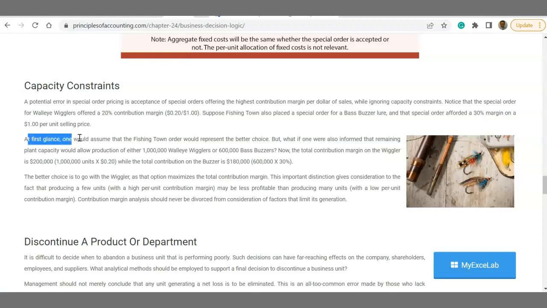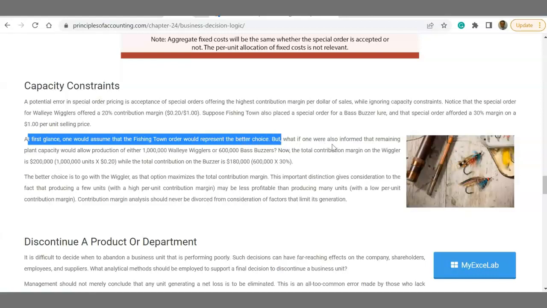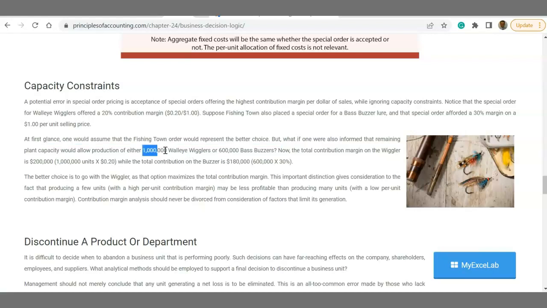At first glance, we would assume that the Fishing Town order would represent the better choice, but what if one were also informed that remaining plant capacity would allow production of either 1 million Valley Wigglers or 600,000 bass buzzers? Because of the constraint in one of those equipments or machinery, we can do another 1 million Valley Wigglers or only 600,000 buzzers.